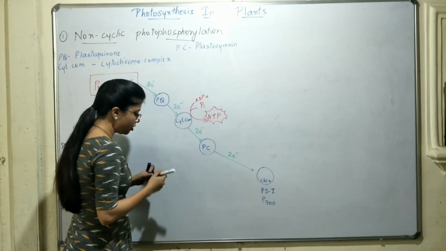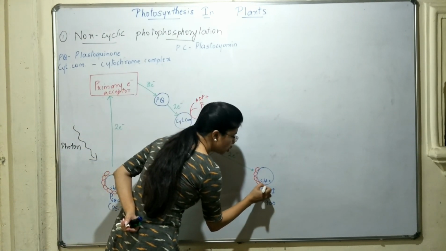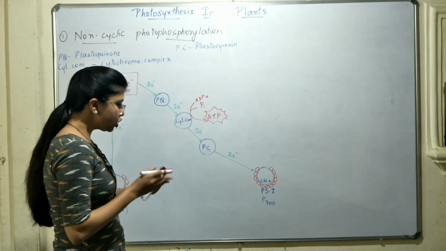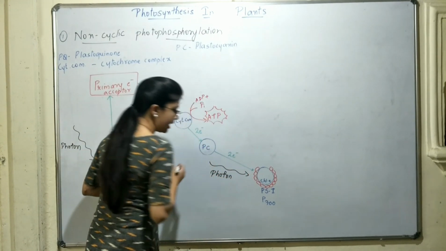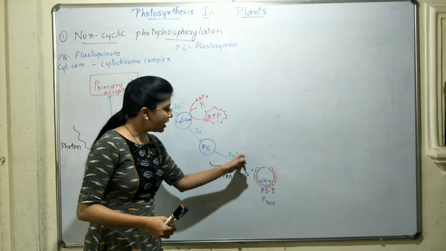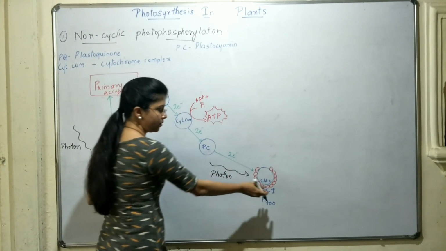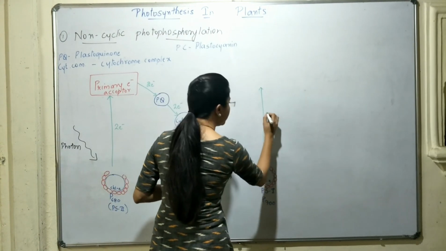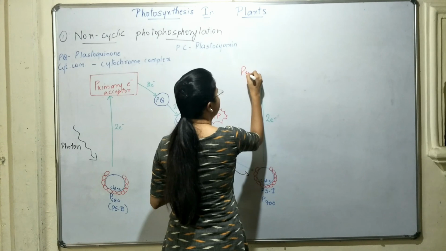Now these two electrons, as I said, which are transferred by the plastocyanin, are going to be absorbed by the PS1 photosystem, which is also going to absorb the light from the atmosphere, right? So that light will be of 700 nanometer, and these electrons which are transferred here to the reaction center of the second photosystem, or you can say PS1 photosystem, will now get excited and transfer that pair of electrons to its primary electron acceptor.